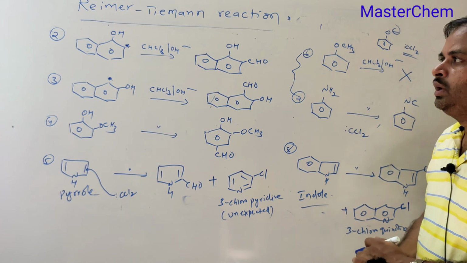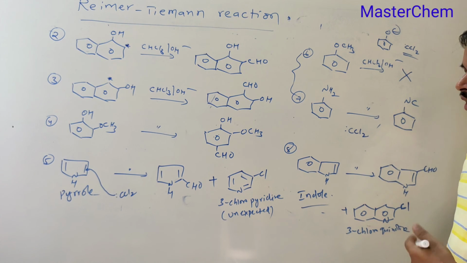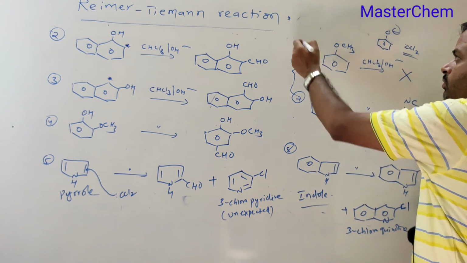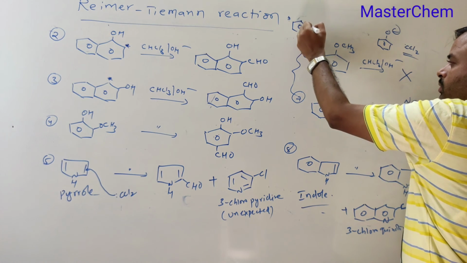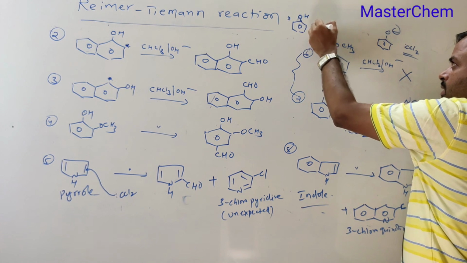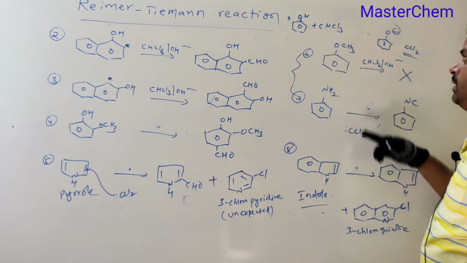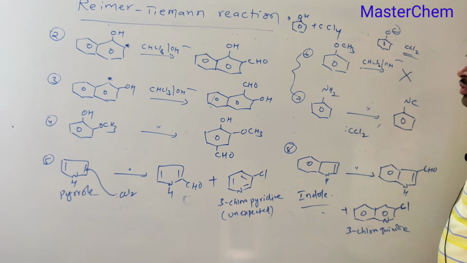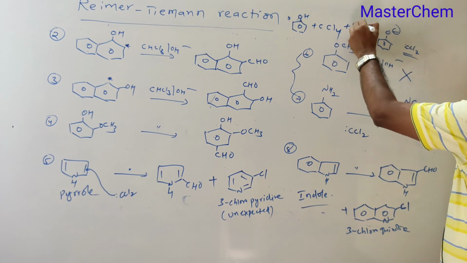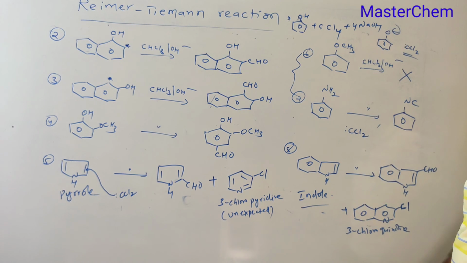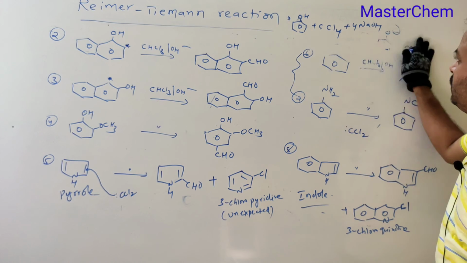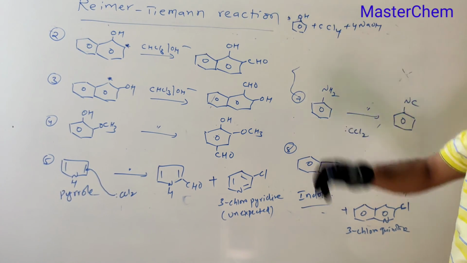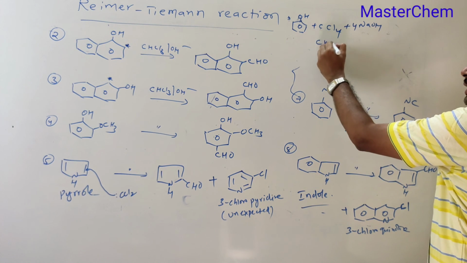Remember these points. In case this phenol reacts with CHCl3, we have already discussed this. But if this CHCl3 is replaced with CCl4 and NaOH, what is the product? Now, what is the difference? In the Reimer-Tiemann reaction, what are the reactants?